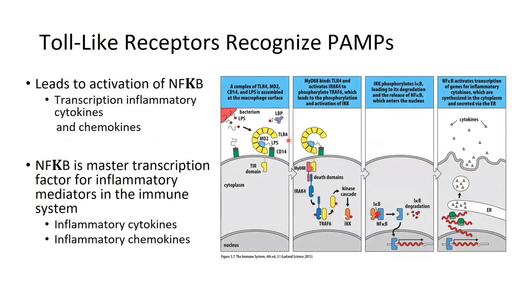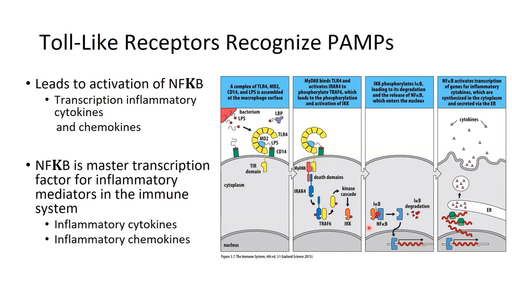All right. So as I mentioned earlier, the toll-like receptors, upon activation, feed into this master regulator called NF-kappa B. What happens is when the receptor is engaged by its ligand, it triggers a complex kinase cascade. A bunch of proteins get phosphorylated in sequence.